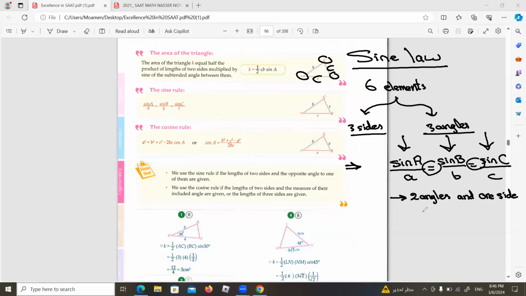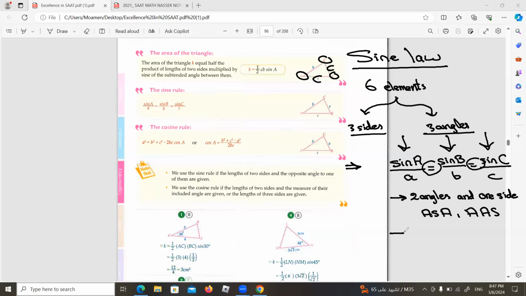It means if we have ASA or AAS, in this case we use the sine law.